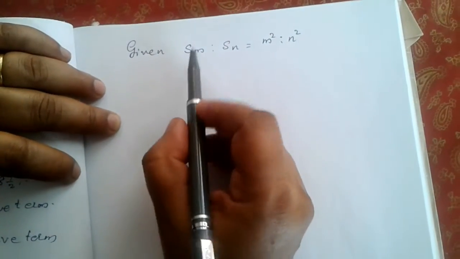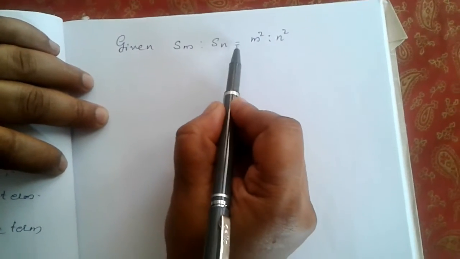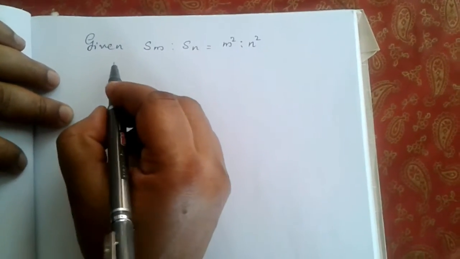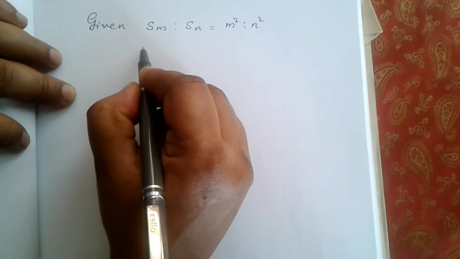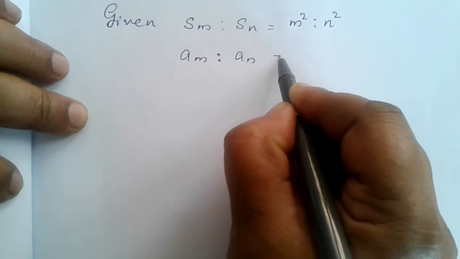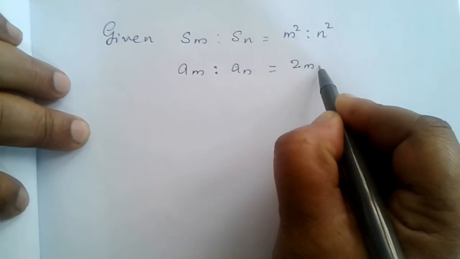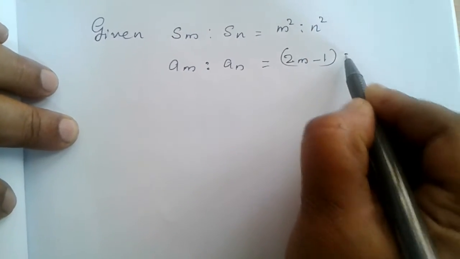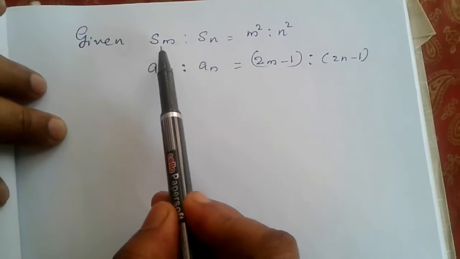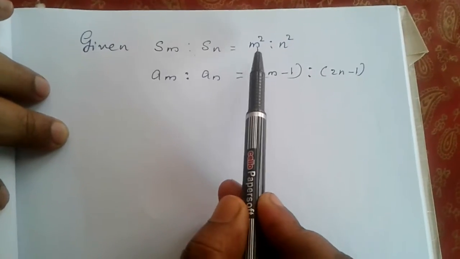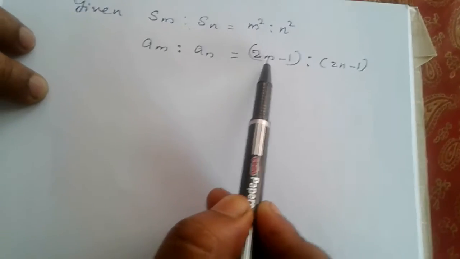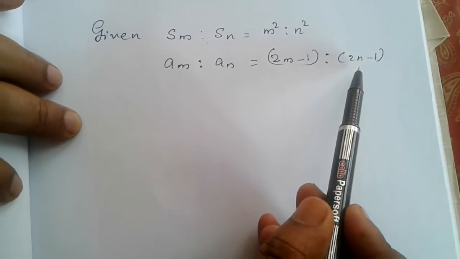That is given in the question. We have to prove that am is to an equal to 2m minus 1 is to 2n minus 1.